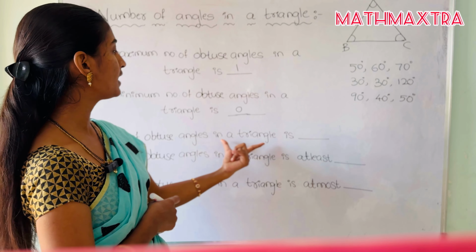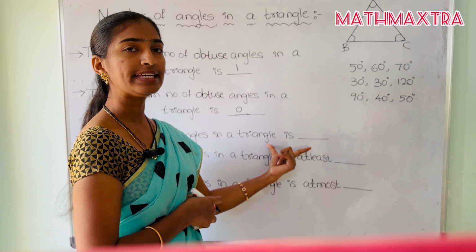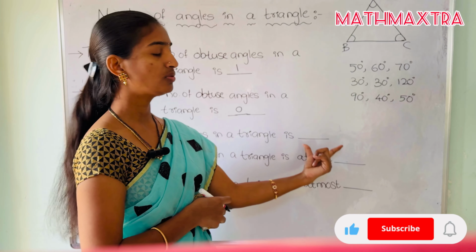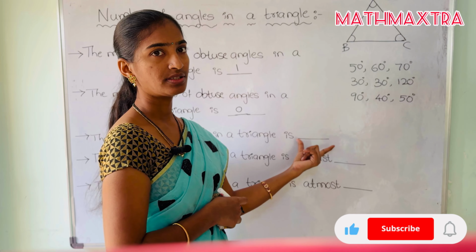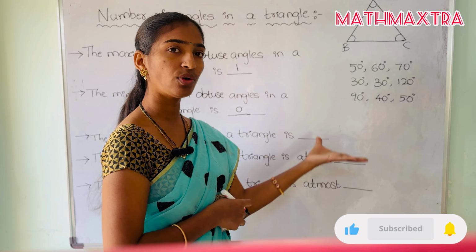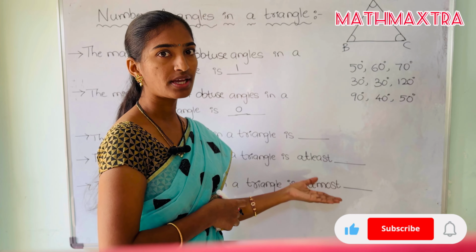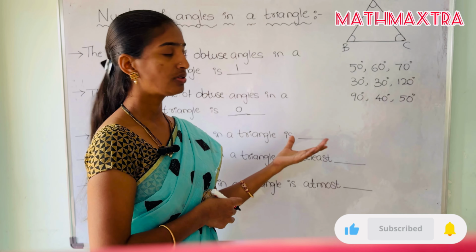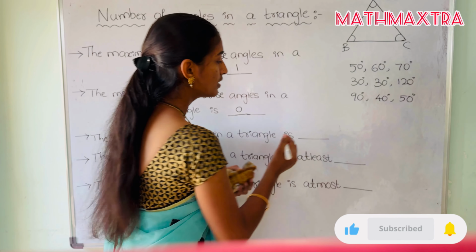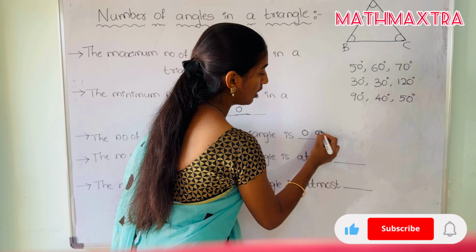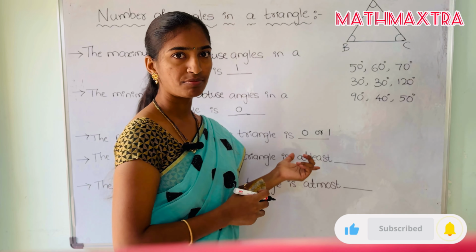"The number of obtuse angles in a triangle is". So you have to write all possible ways of having obtuse angles, whether you are having 0 obtuse angles, or 1 obtuse angle, or 2 obtuse angles. So there are only two possibilities. You can either have 0 obtuse angles or you can have 1 obtuse angle.